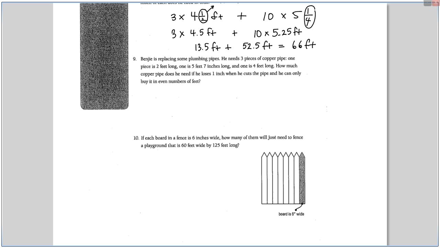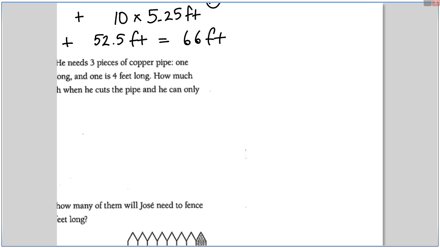Okay, Benji here is replacing some pipes. He needs 3 pieces of copper pipe. How much copper pipe does he need if he loses an inch when he cuts the pipe, and he can only buy in even numbers of feet? Okay, so before we get there, I just want to make a little note about feet and inch. 1 foot is equal to 12 inches. It is often written like this: 1 foot is equal to 12 inches.